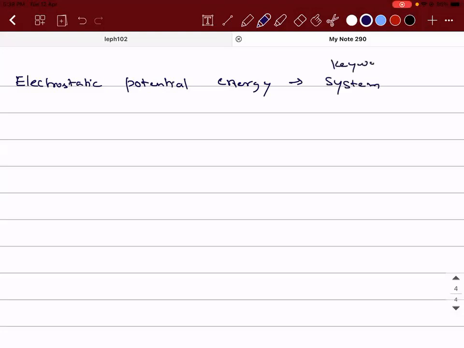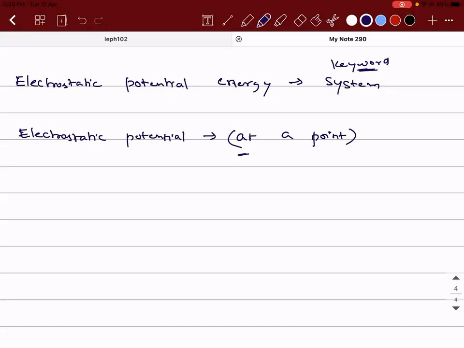This is the keyword, because you cannot define the potential of the system. Similarly, if the question is based on electrostatic potential, they use the words "at a point," because electrostatic potential is always defined at a point. Electrostatic potential is not defined for a system.